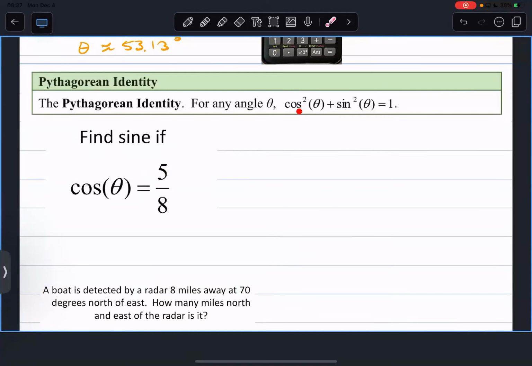So if we know that as a fact, cos squared theta plus sine squared theta is 1, then we can find sine theta if cos theta is 5/8. Now these squares behave just like normal squares. Normal powers of 2.